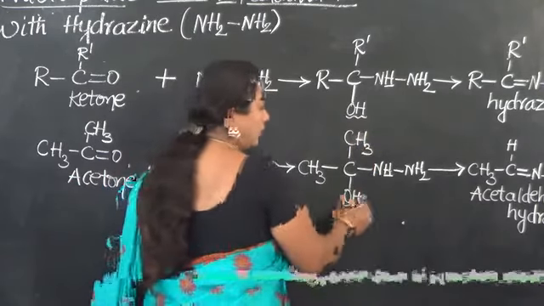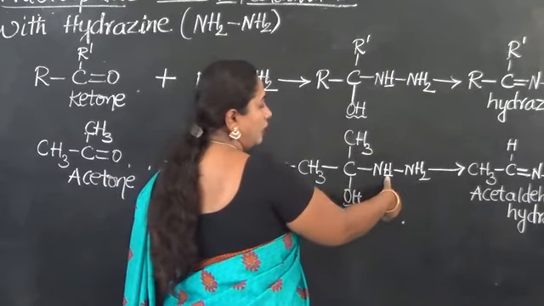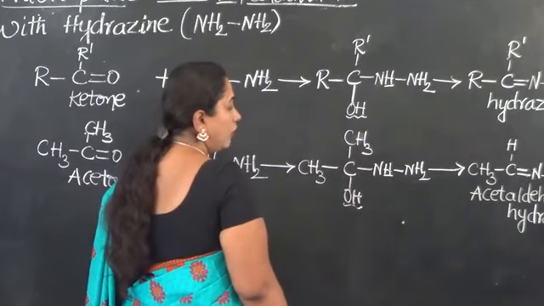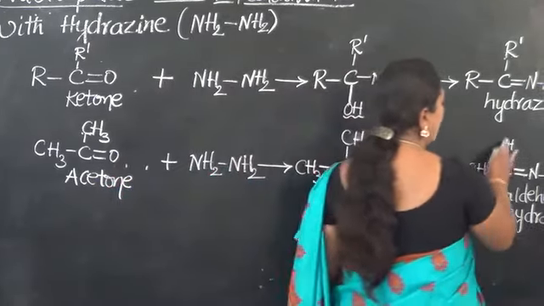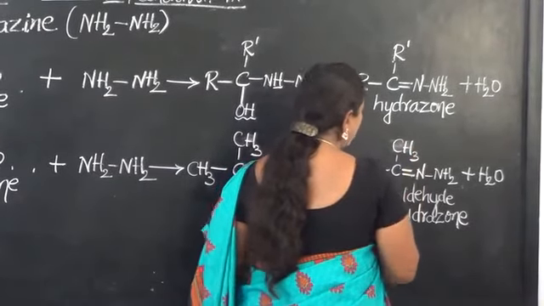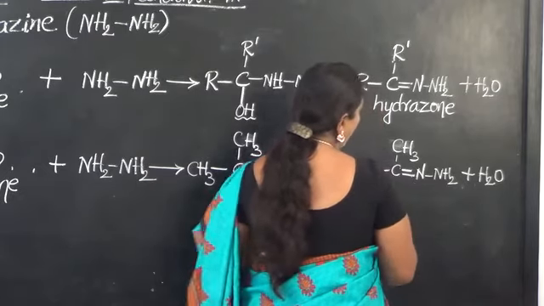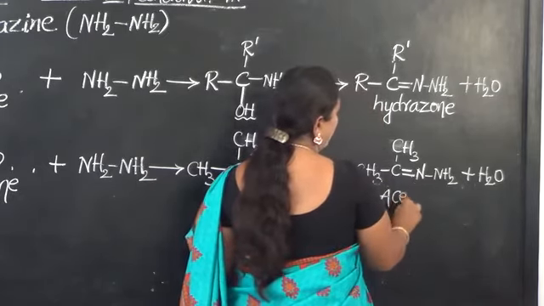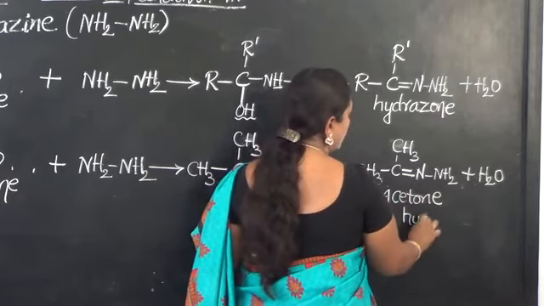Now this will further eliminate a molecule of water. As you know, OH from here and hydrogen along with the nitrogen will go out as water, and then we finally land up with the formation of the hydrazone of this ketone, namely acetone hydrazone. The name of this compound is acetone hydrazone.